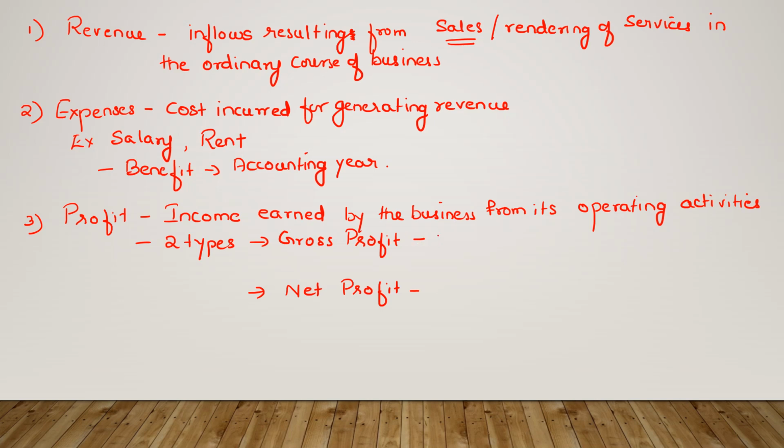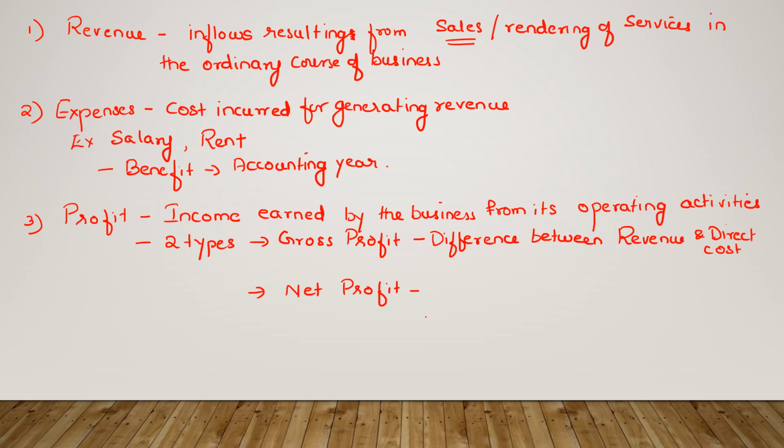But gross profit refers to the difference between revenue and direct cost. So whatever expenses have been incurred for the purpose of generating that revenue, which are direct in nature, when we subtract those direct costs from the revenue, that is from, in this example, sales, you get gross profit.